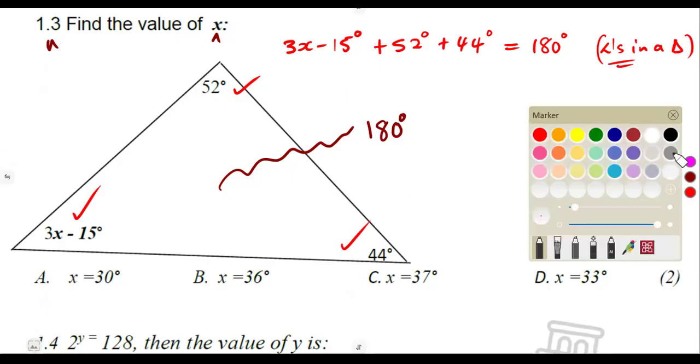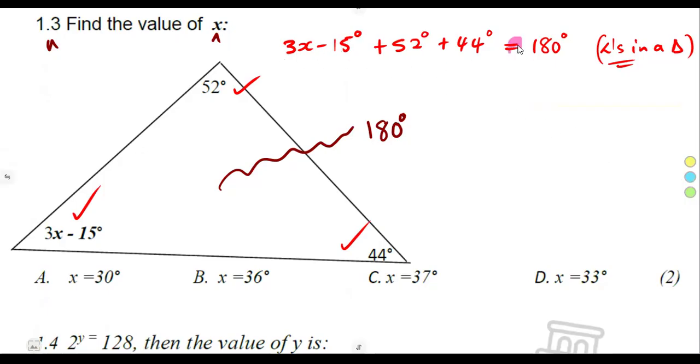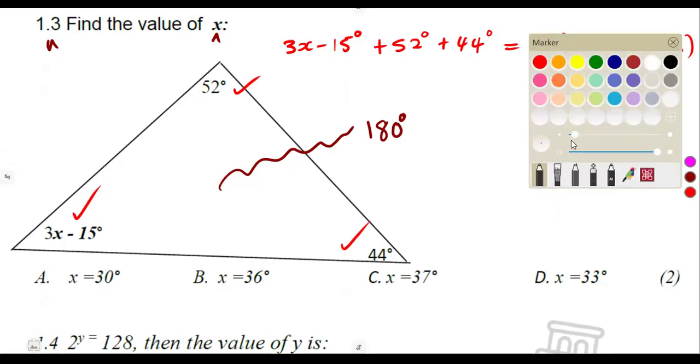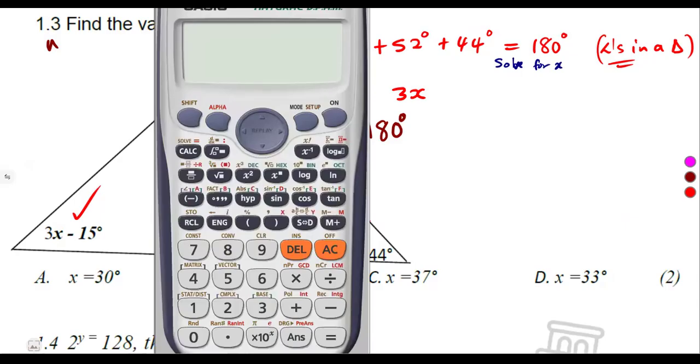So what is it that you have formed? An equation, as we are saying, this on the left-hand side is equal to what is on the right-hand side. Solve the equation. Solve for x. As we do understand our equations, we're going to collect or add everything on the left-hand side. Collect like terms. So that's 3x. We add the numbers. We can just use our calculators as we are allowed to use our calculators.